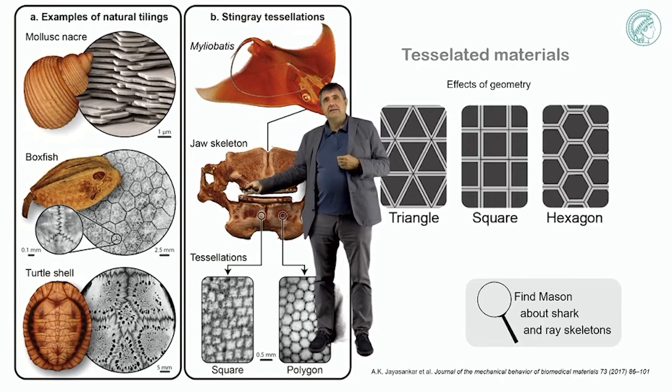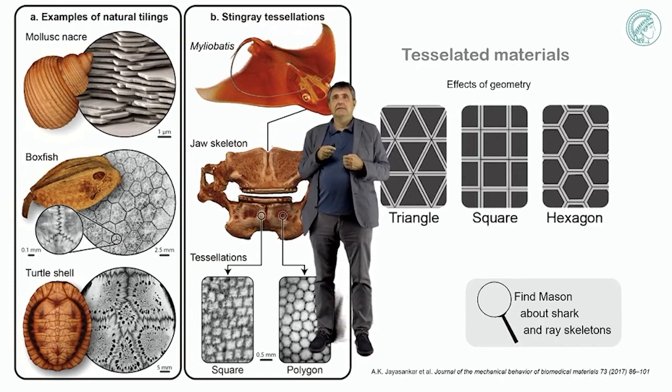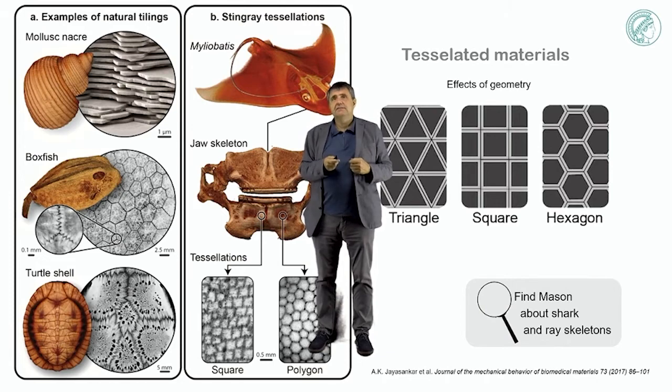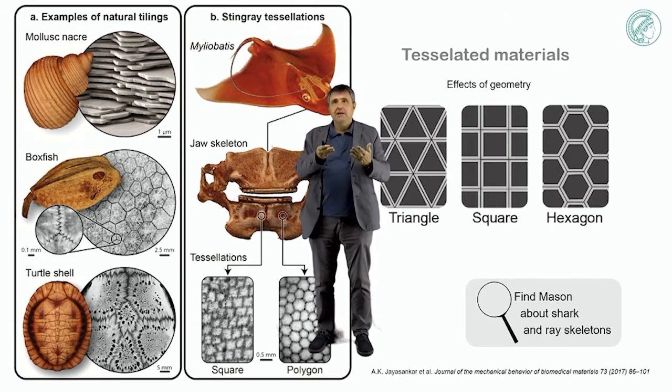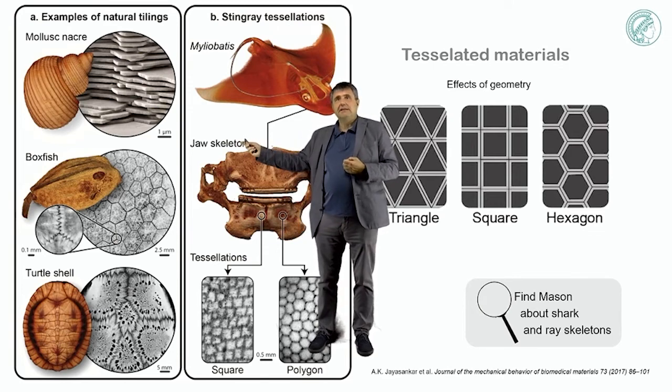Many natural systems are built like this. And of course, you all know paved roads that are made of tiles. And the properties of these tessellated materials are to a large extent defined by the way the tiles are shaped and arranged with respect to each other.